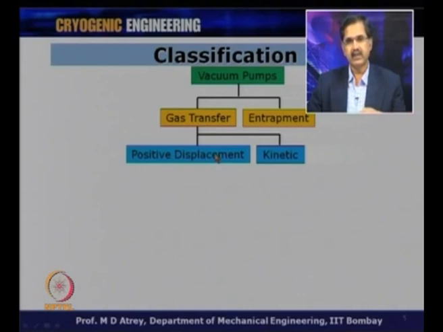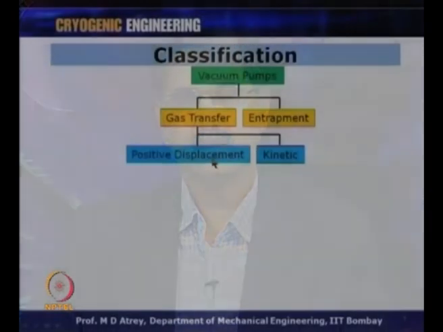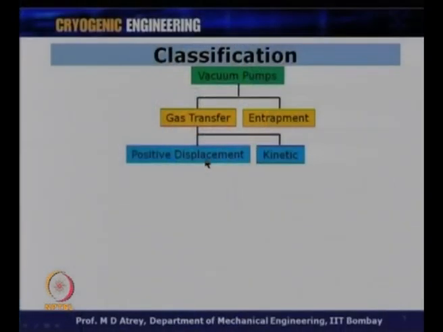It will create a pressure difference, because of which the gas will be taken out from the system. It will be given the correct direction, so that it goes from system A to system B, or directly from system A to the atmosphere. Sometimes it can go from system A to system B and then to the atmosphere. So, creating a direction, taking this gas from the system and dumping it to the atmosphere, this is what we call a positive displacement type of gas transfer.